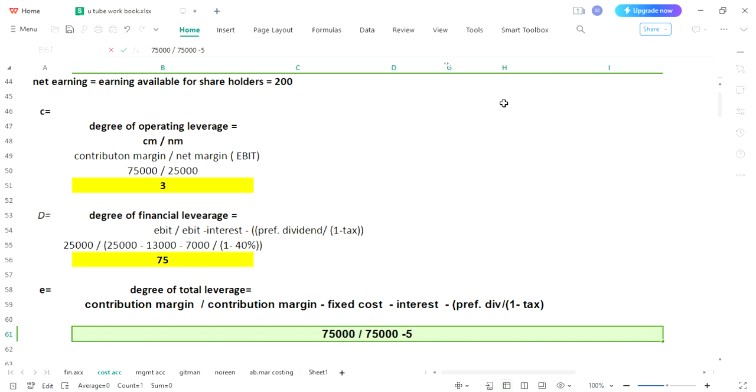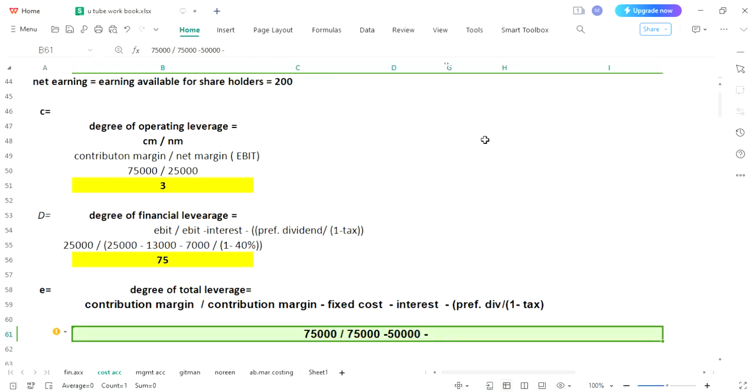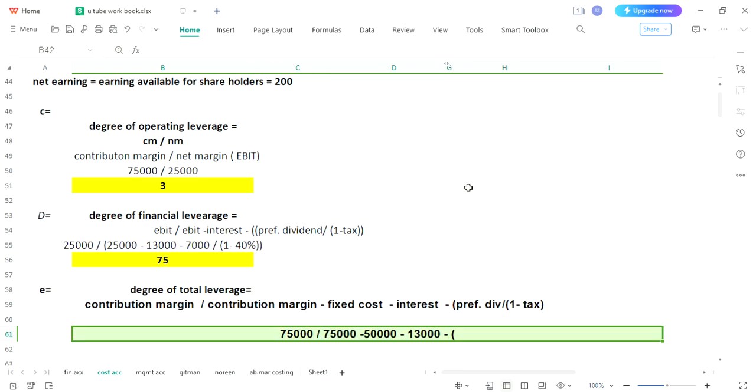Let's put 50,000, and then you will subtract your amount of interest. Interest is 13,000, and then you need to subtract your preferred dividend, and that is 7,000, but you will divide it by 1 minus tax rate, which is 40%.